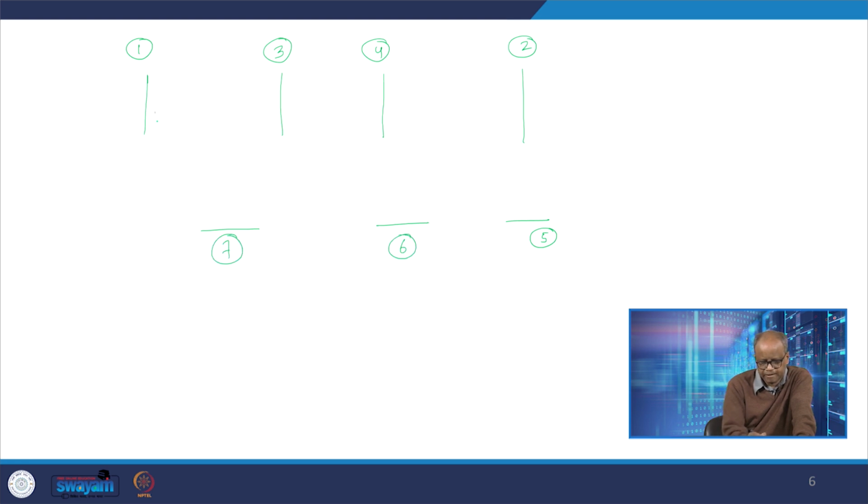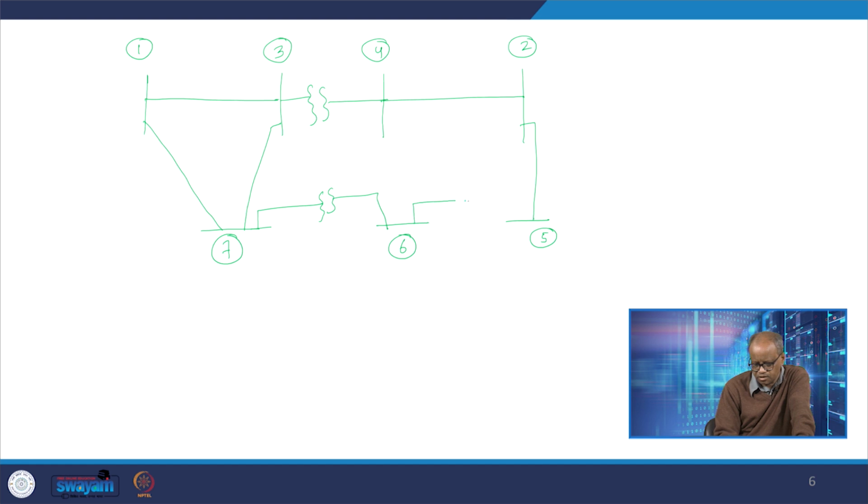Between bus 1 and 3 there is a transformer, and then there is also a line, and another line from here, and another line from here, and a transformer from here, and another line from here. So this is the system.